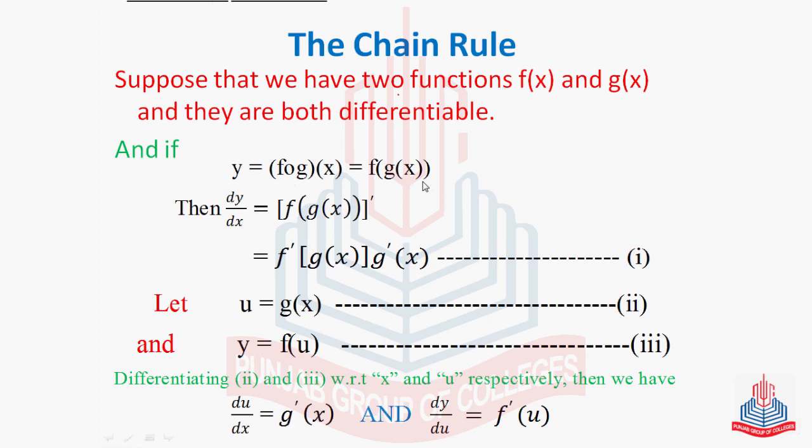then to find the derivative of such a function, we apply it like this: dy by dx is equal to, we apply the derivative to this whole expression, so that will become f prime of g of x. This prime shows the derivative of the whole function.